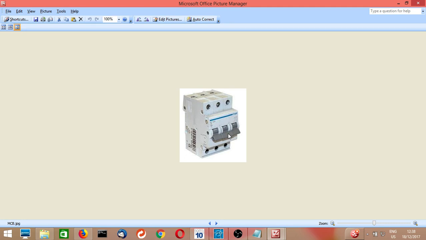So here also we have to consider the ampere rating of this MCB. MCBs come in various ranges from 6 ampere to very big ranges. So we have to select according to our requirement. In our case, for a 5.5 kilowatt starter, we need only 9 ampere. But there is one thing: whenever the electrical starter is in the starting phase, it will take 5 to 6 times more current.